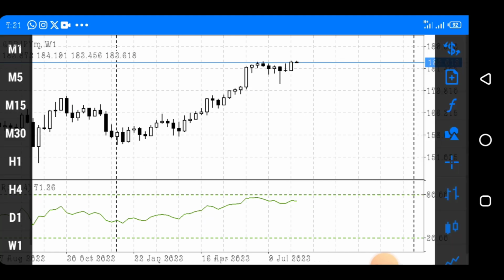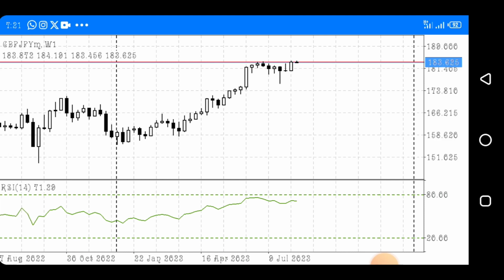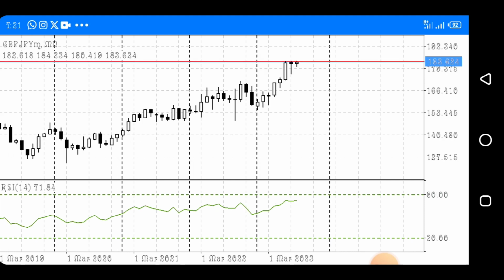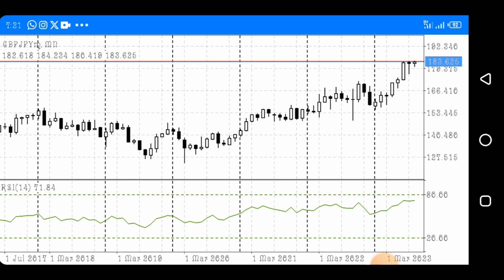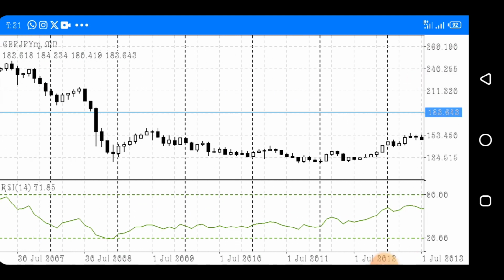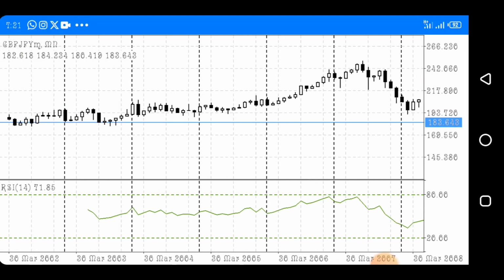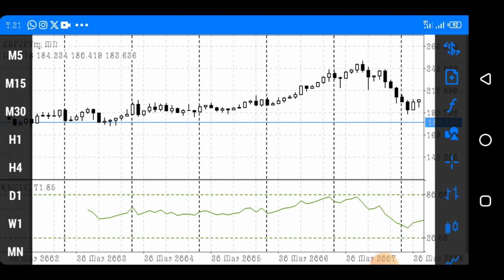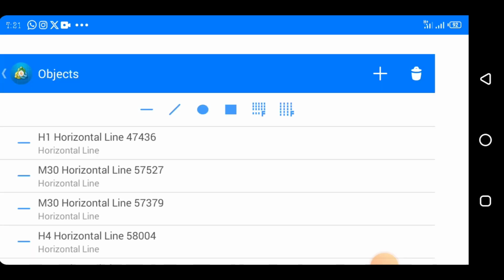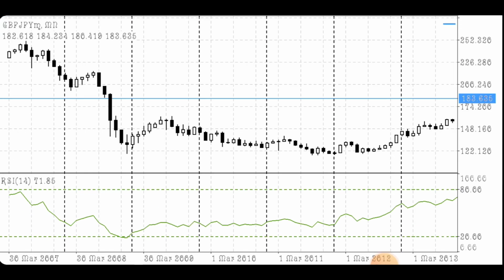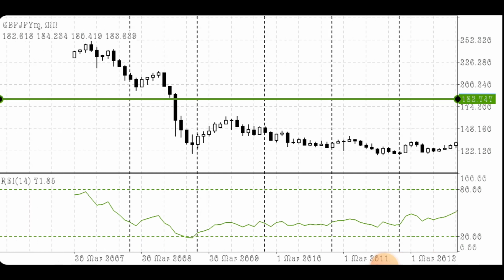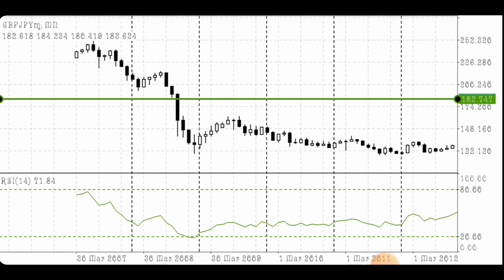Okay, this is GBPJPY. Let's start from the monthly chart. So this is the 1 month chart. As you can see, it is also not so close to an all-time high, but the level it is right now used to be a support level.